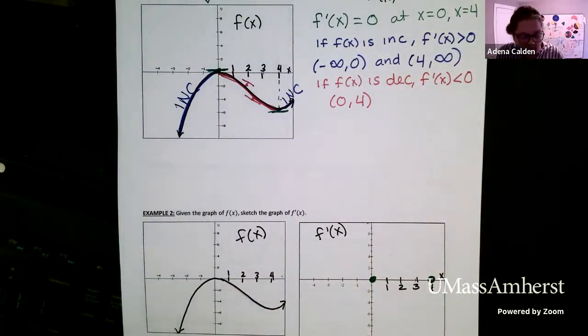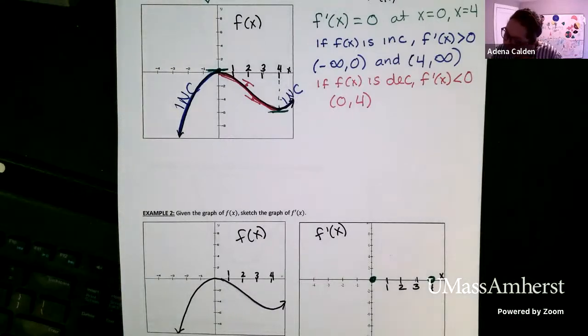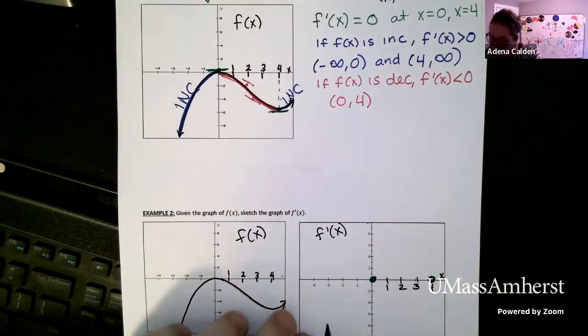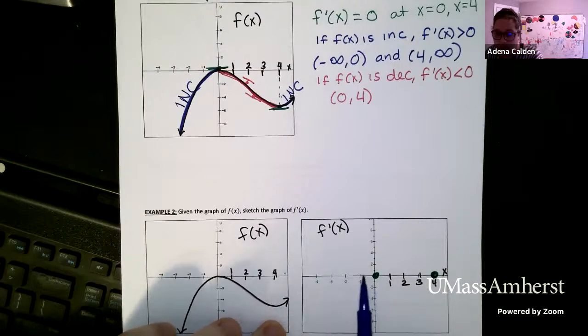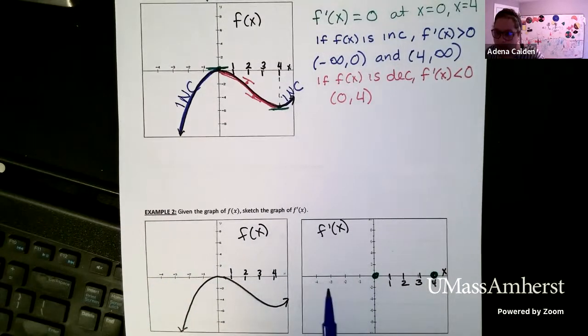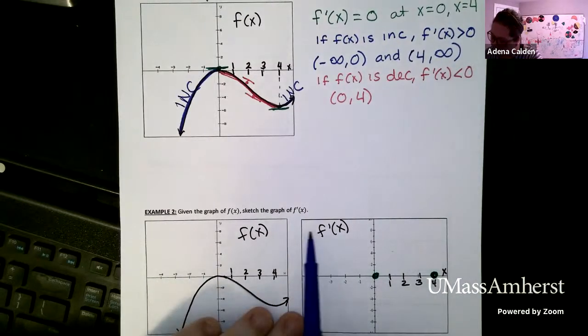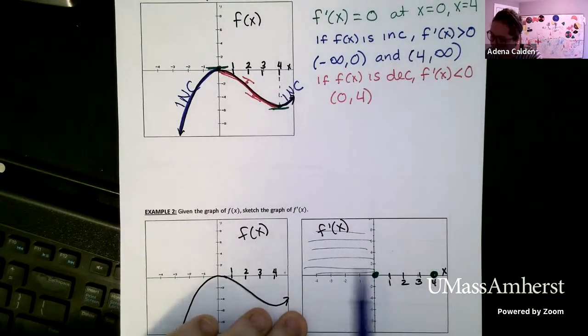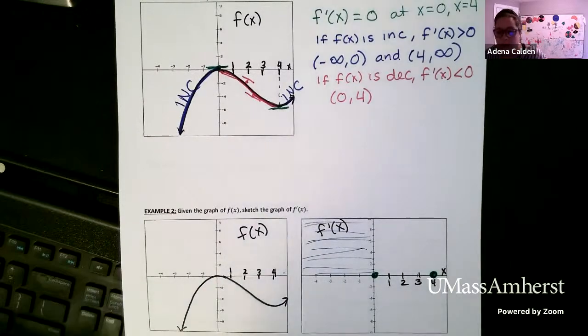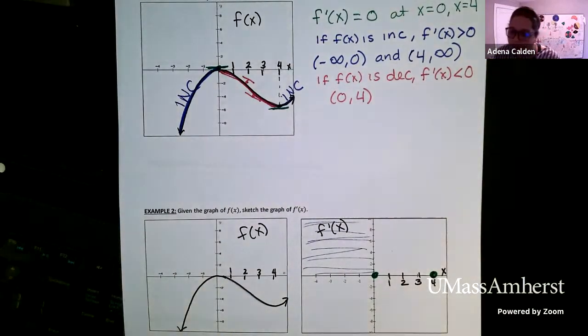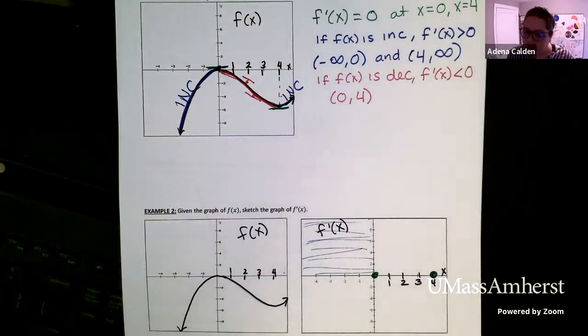What else do I know? I know that from negative infinity to 0, so in this region here, so before 0, I should be positive. So that means I have to be above the x-axis somewhere. This is the positive quadrant. I also know that I have to be positive after 4.